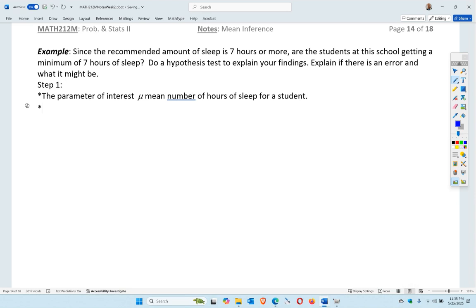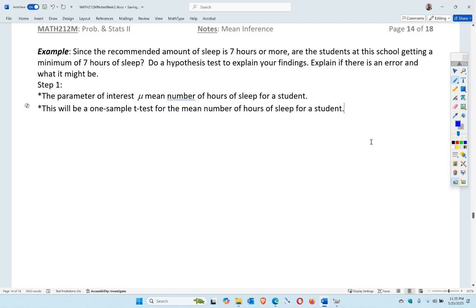And then this will be a 1 sample t-test for the mean number of hours of sleep for a student.